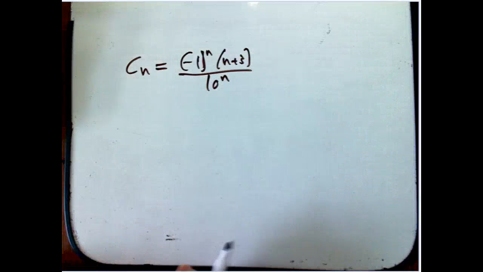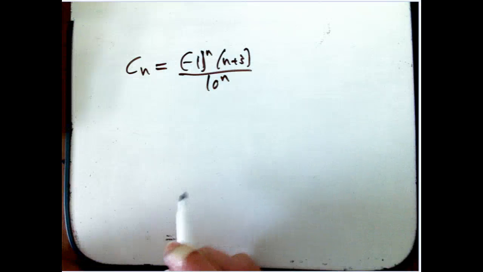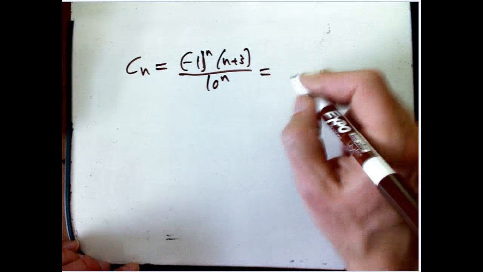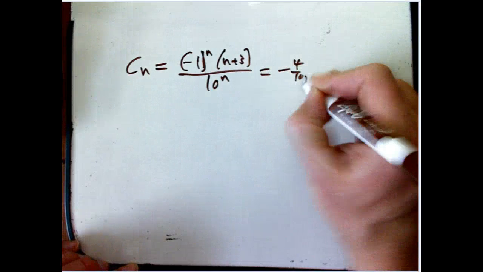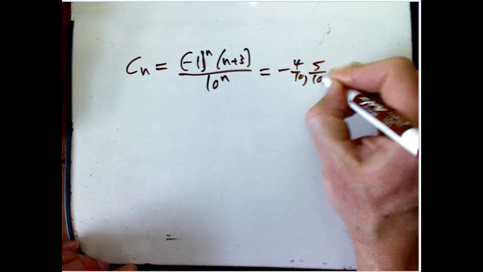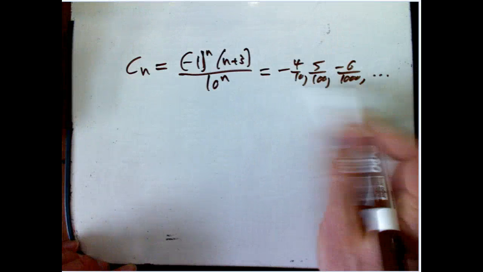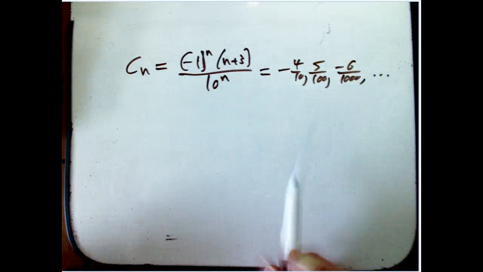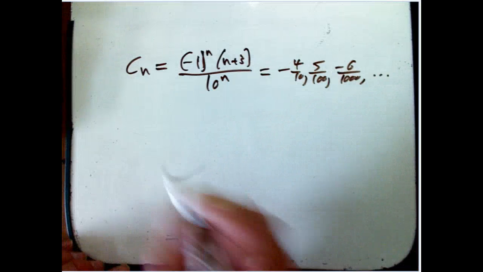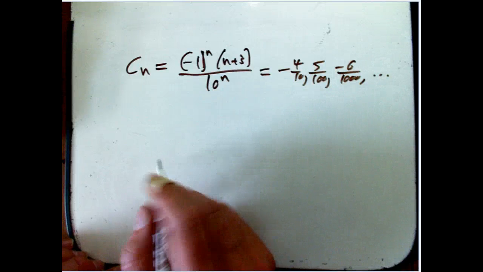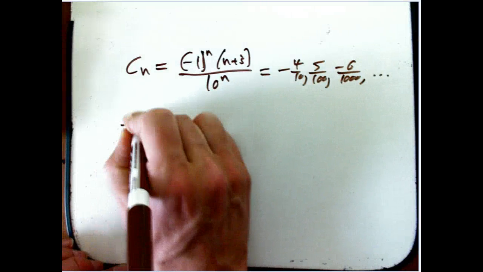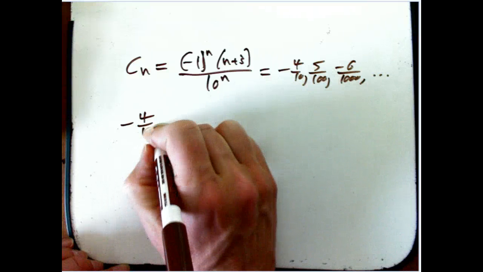If you didn't watch the video where we did that, there's a sequence for you. It is minus 4/10, then 5 100ths, then minus 6 1,000ths, etc. These are going up by powers of 10, these are just going up linearly, and then you have alternating sign. So what if I wanted to package up one more time, because this is one of the trickiest things.